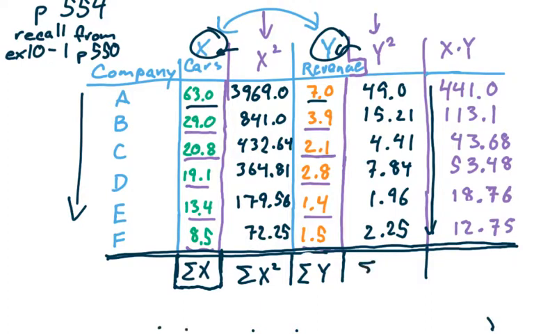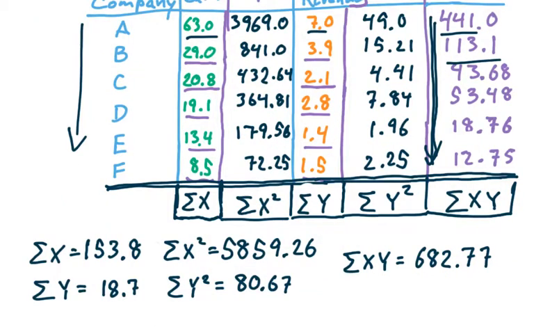The sum of all of the y squared values. And then over here, remember, these are x times y, so this is the sum of the x times y values. Remember, we do those multiplications, x times y, first, those are all of these, and then remember, we add them all up.